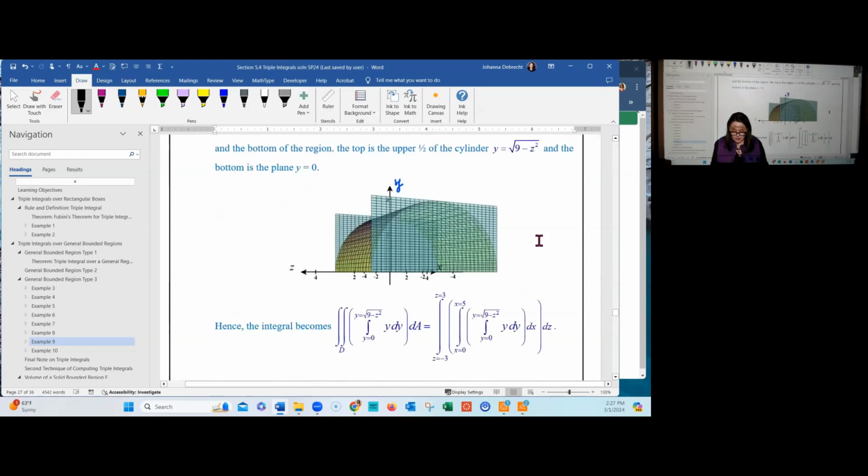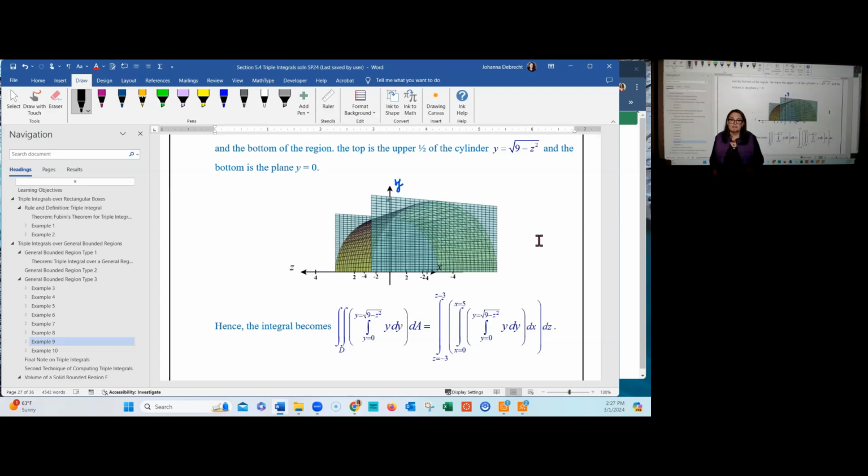Now we've turned it so that the y-axis is pointing up, and you can see that the bottom is, of course, y equals 0, and the top is given by that semicircular shape. This gives us limits of integration on the inside with respect to y of 0 to the root of 9 minus z squared. Then the outer double integral is over a rectangle, so those limits of integration are constants, x from 0 to 5, and z from -3 to 3.